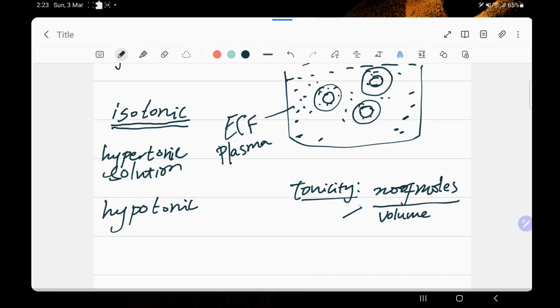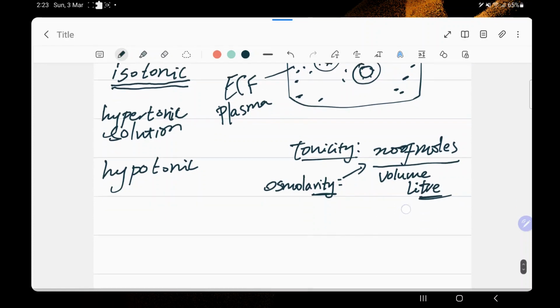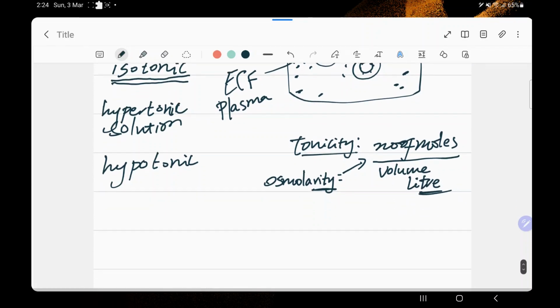And this is what we call osmolarity. So osmolarity is where you divide the number of moles by the volume. Okay, so think liters, volume, liters. Osmolarity, the R sound, is where the denominator in the formula is liters. Liter. Okay, so that's important.